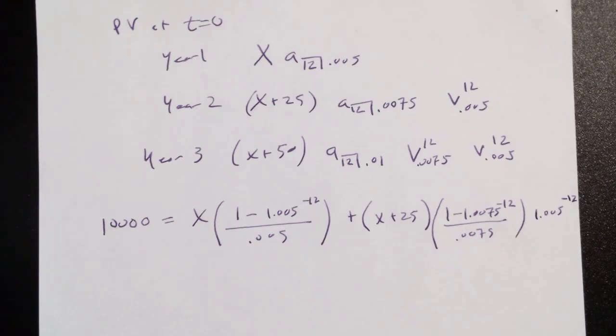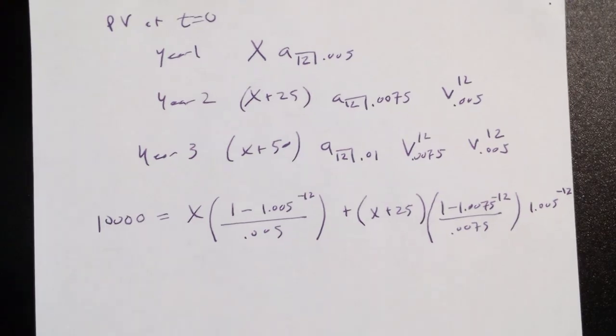Remember, I told you I didn't like writing v as 1 over. I'll just write it as negative exponents. It's a personal peccadillo of mine. You're welcome to leave them as v's.